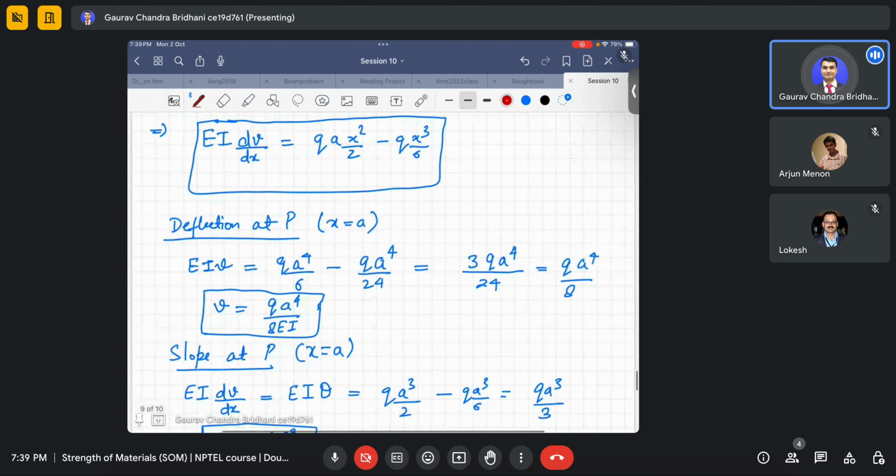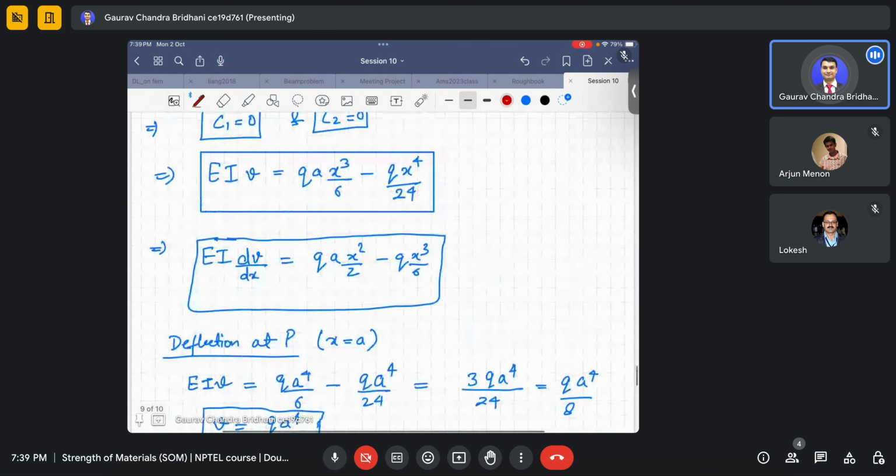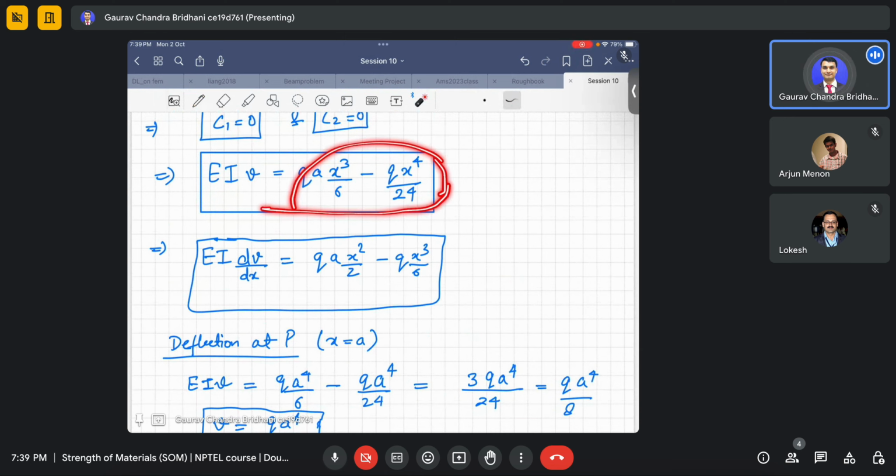What you need to do, you need to have this elastic curve, and how we find a maxima, we differentiate that and put it as 0. What is the differentiation of this? This slope is the differentiation.